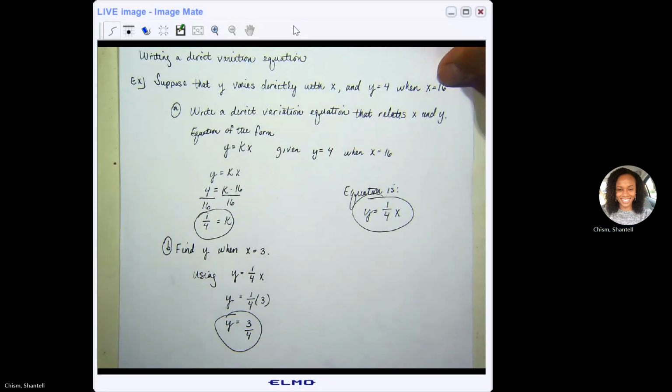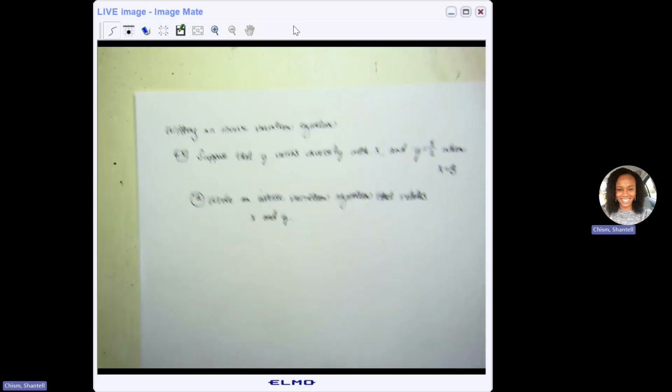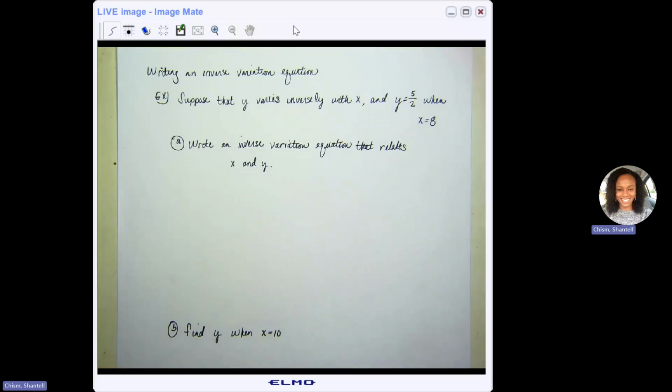Okay. The next one here says write an inverse variation equation. It says suppose y varies inversely with x and y equals 5/2 when x equals 8. Okay?